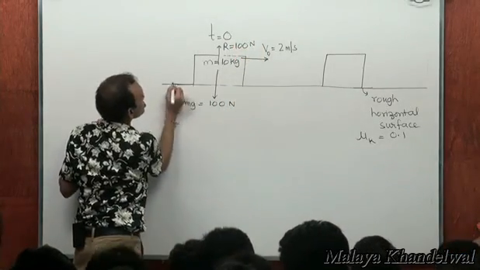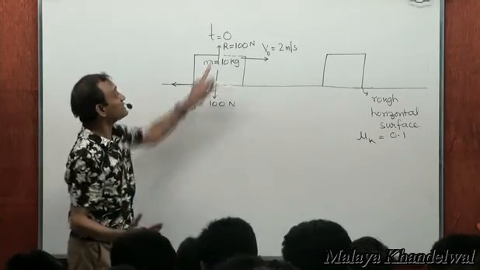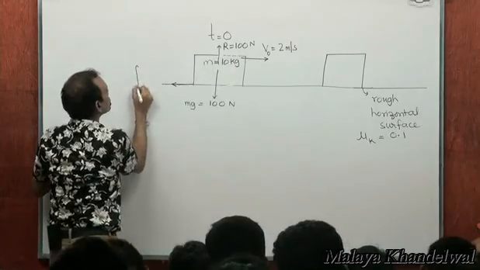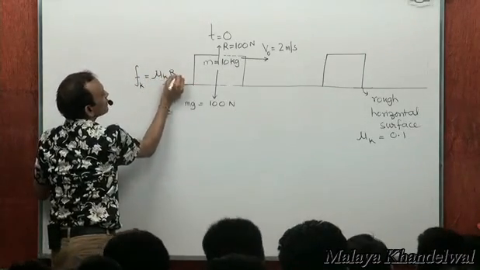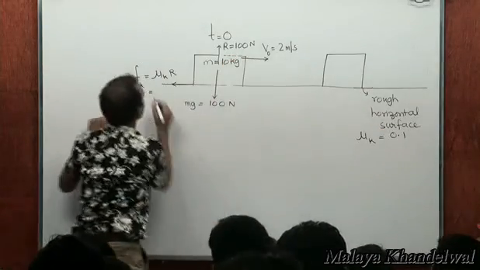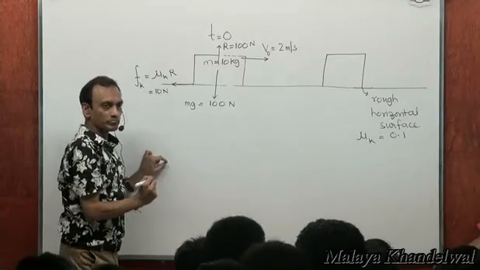Frictional force would be kinetic friction, mu k into N. N is mg in this case, R, 100 newtons. So frictional force is mu k into R, which means 0.1 into 100, means 10 newtons acting backwards, right?